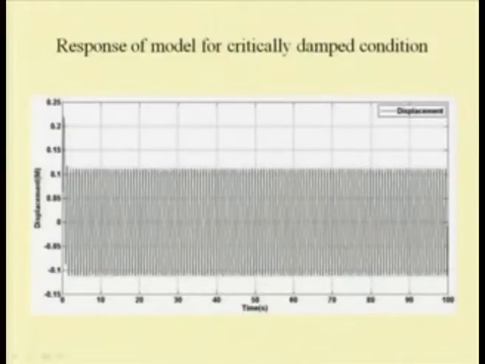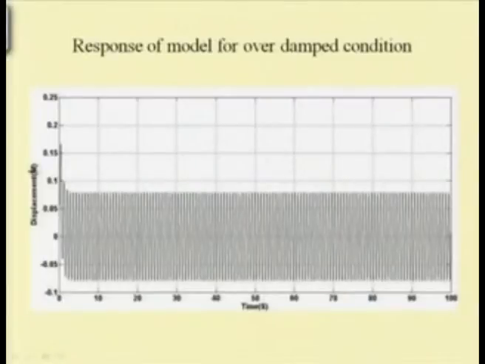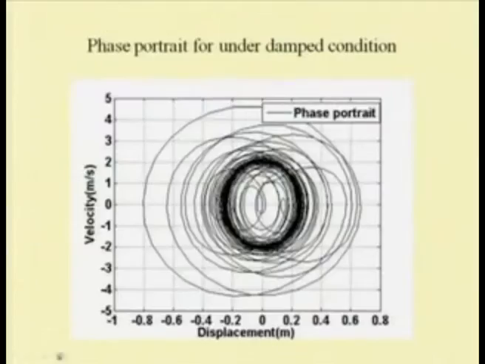So, one can find the time response for the critically damped case. So, this represents the critically damped case. Here the displacement is in meter and time in second. Similarly, one can find the response for the overdamped case, and if one plots the phase portrait, it is plotted along with the transient part, that is why it shows both transient and steady state response.